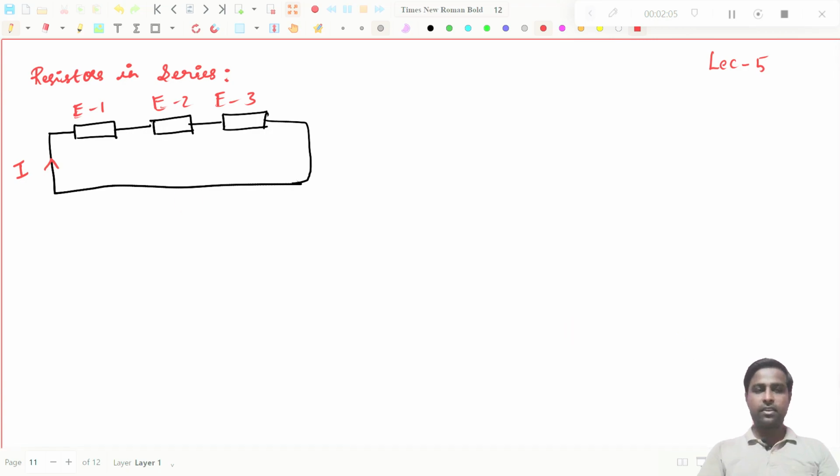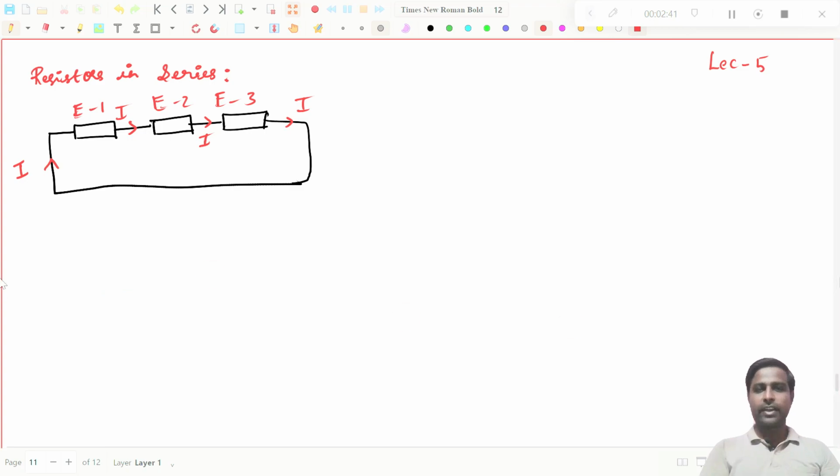If these three elements are connected in series, and the current flowing through element 1 is I, then the same current flows in element 2 as well as element 3. So in a series circuit, the current flowing in all elements will be equal. You have to understand that point.